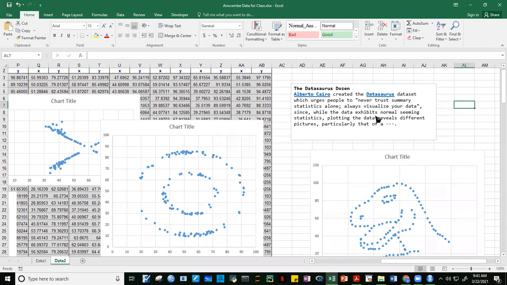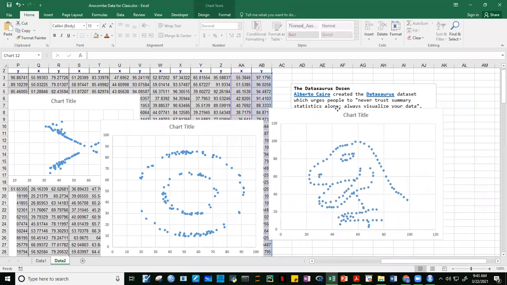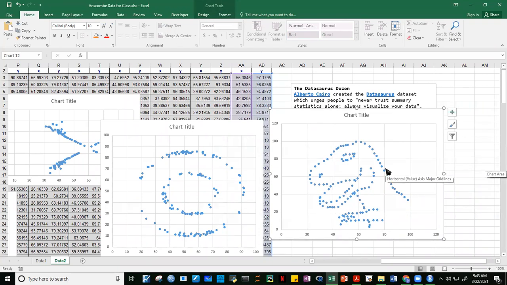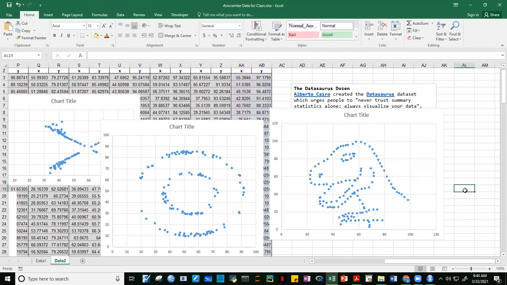Since while data exhibits normal seeming statistics, plotting the data reveals different pictures, particularly that of, as I mentioned, a dinosaur here. So he called this the Datasaurus 2012 data sets. All in all, practically the same summary statistics, but different behavior of the data, different illustrations.